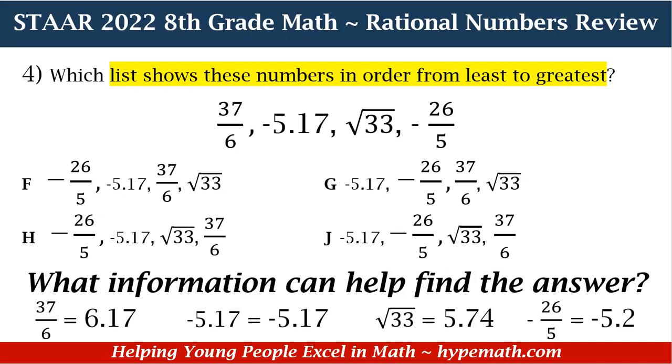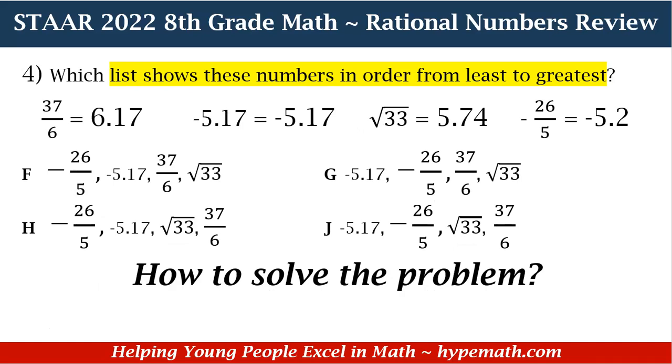The square root of 33 is equal to 5 and 7400ths, and negative 26 over 5 is converted into negative 5 and 2/10. Okay, so that is the information, us converting all of our rational numbers into decimal form so that we can solve the problem.